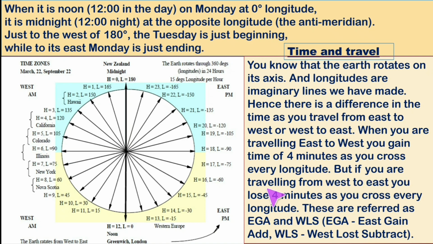But if you are traveling from west to east, you lose 4 minutes as you cross every longitude. These are referred to as EGA and WLS. EGA means east gain add and WLS means west lost subtract.